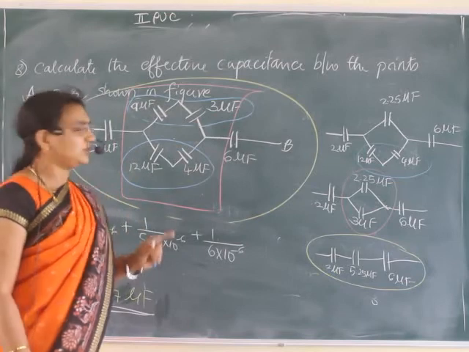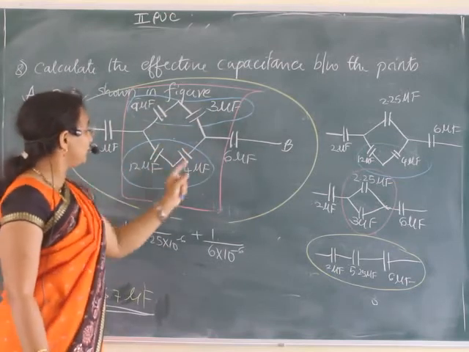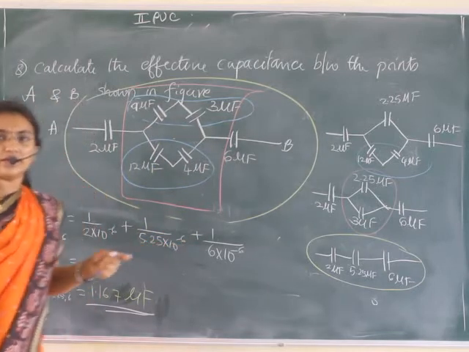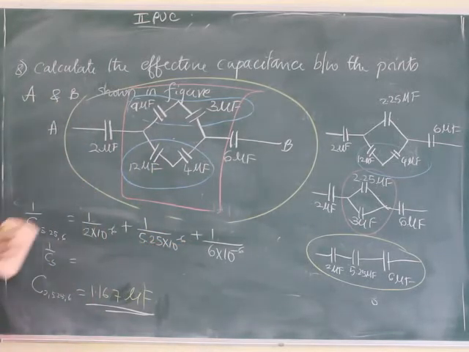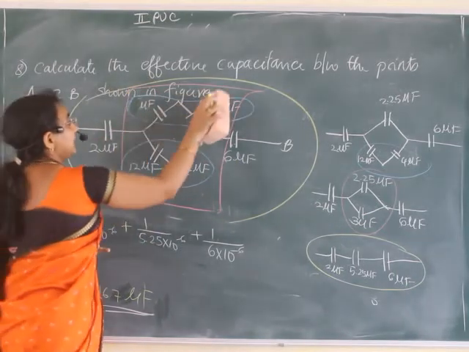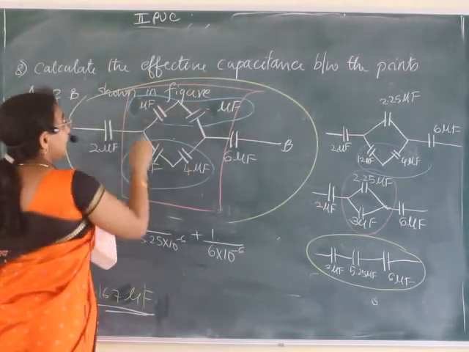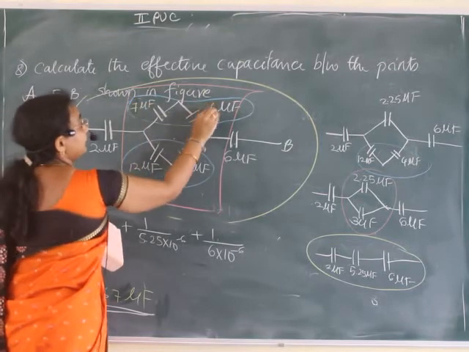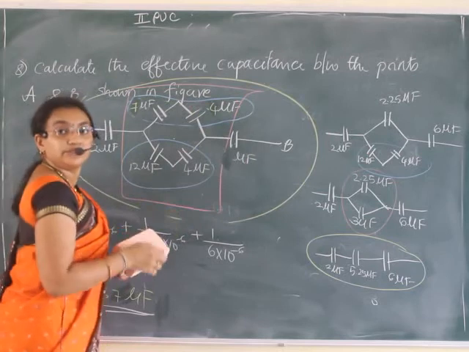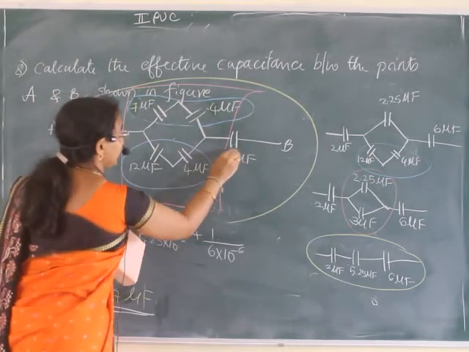I'll not give you the values. You yourself put one values for all these three. Is that okay? Change the values. Instead of 9 and 3, we will keep it as 7 and 4. Here, instead of 6, I will give it as 5.